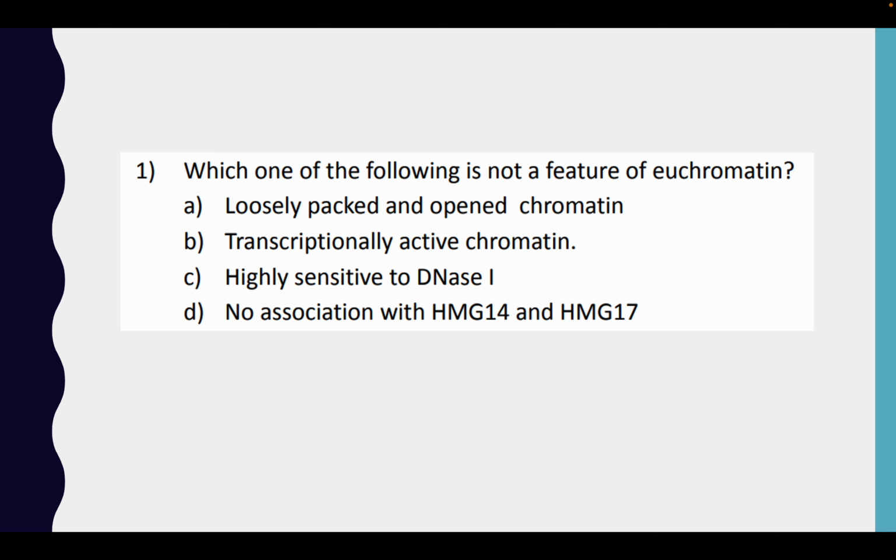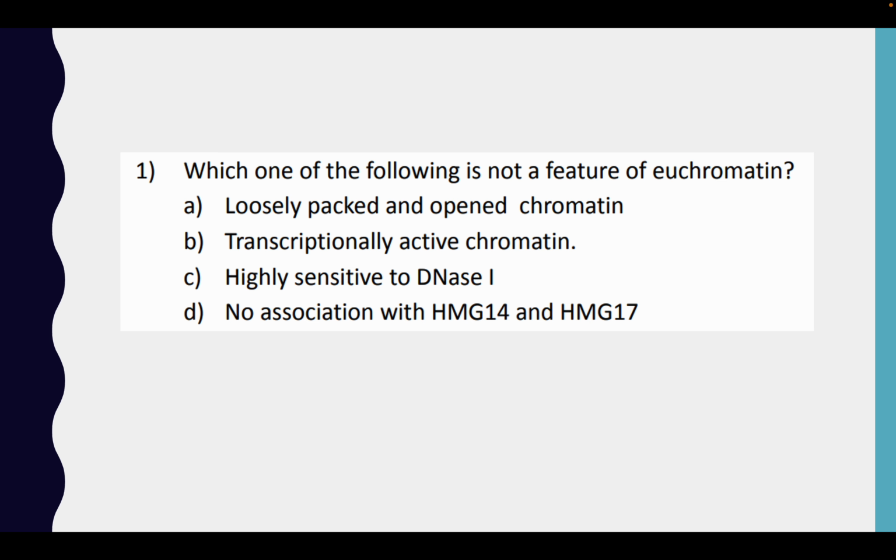Okay, let me explain. Chromatin is composed of DNA, RNA, and histone proteins. The two types of chromatin are euchromatin and heterochromatin. In euchromatin, the chromatin fibers are loosely packed and they undergo condensation and decondensation in the cell cycle, and they often remain active in transcription.